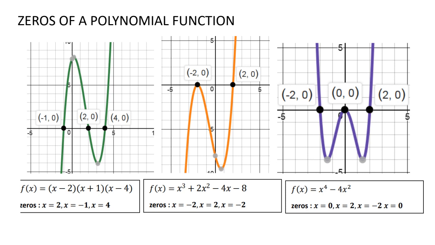So we like to see our functions factored out. When they're factored out, we're able to see where the values for x give us 0, that will cross our x-axis. It might be a little bit more complicated if it's not factored, so this is what we're going to cover today.